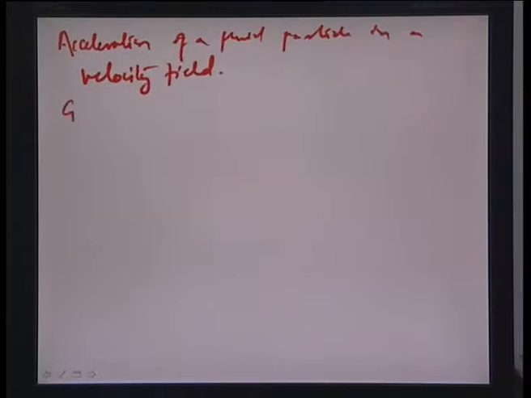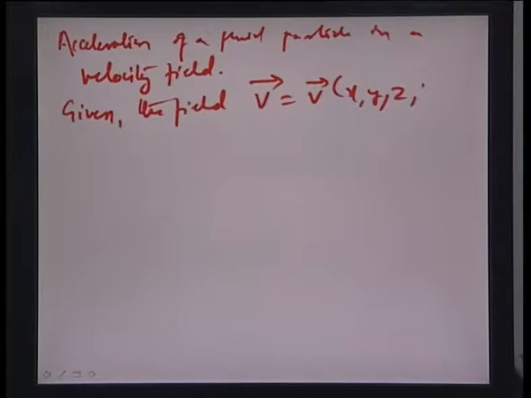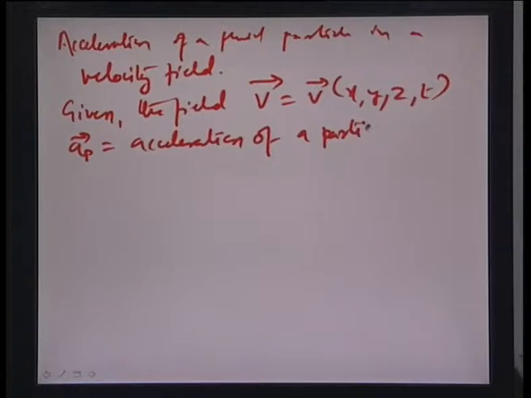So given the field V as a function of x, y, z and time, in space time, let us assume AP is the acceleration vector of a fluid particle. So we want to find out what AP is in terms of velocity.